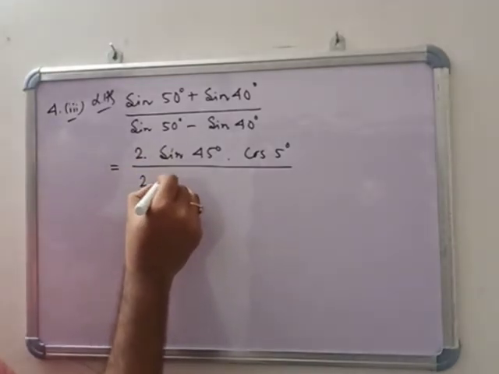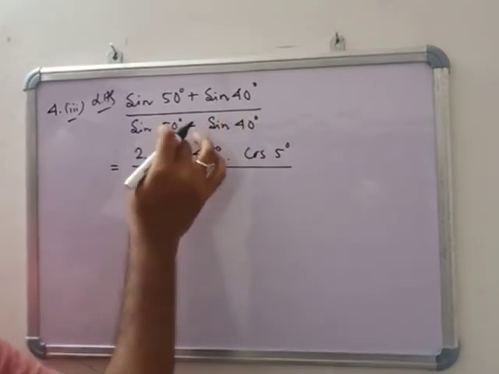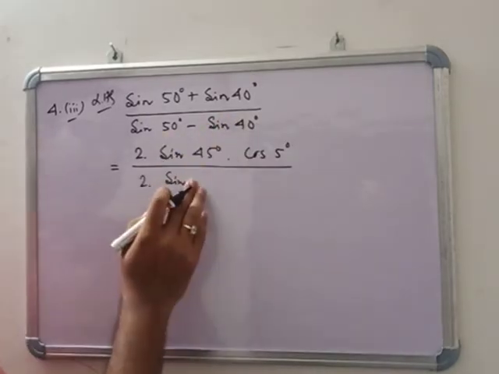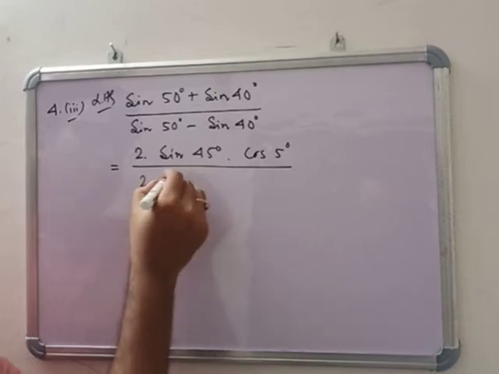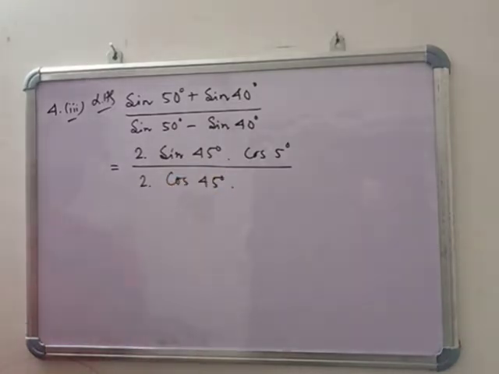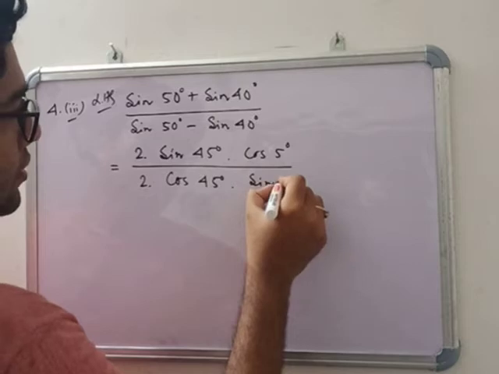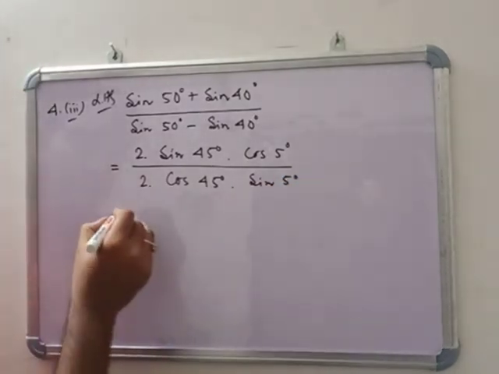By 2 sine, cos, this plus this by 2, that means 45 degree into sine of 5 degree. Okay.